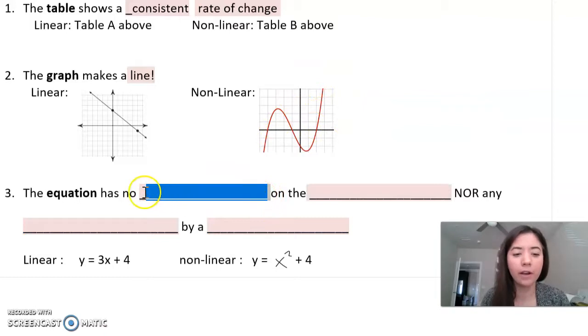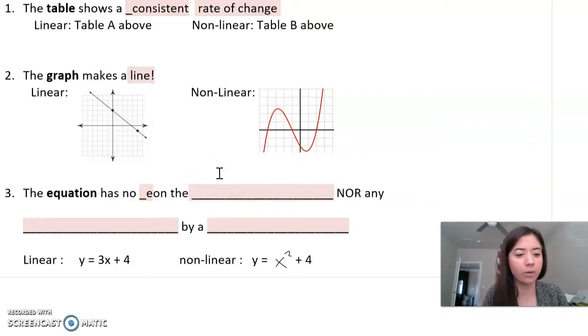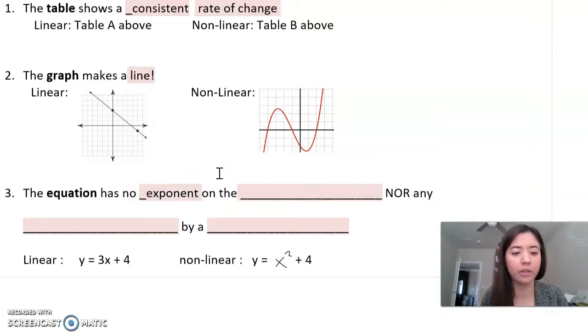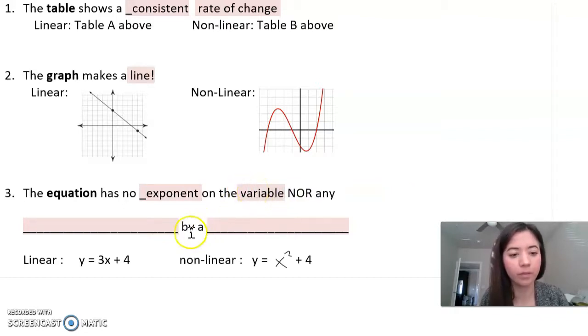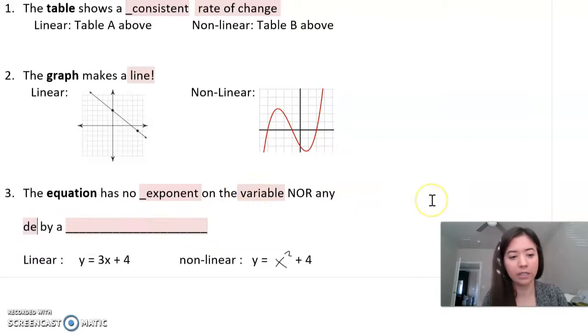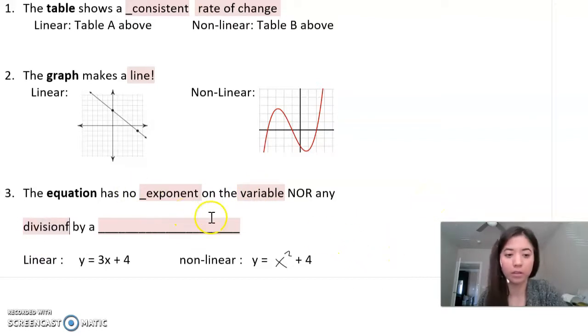And then when you're given an equation, you can tell if an equation is linear if it has no exponent on the variable, nor any division by a variable.